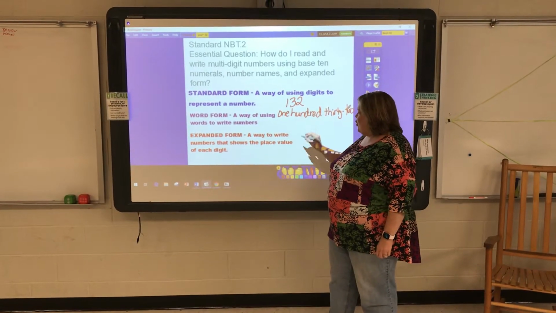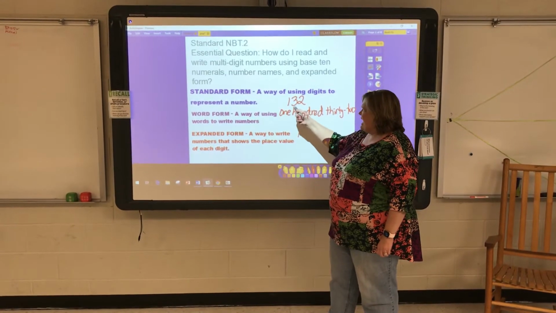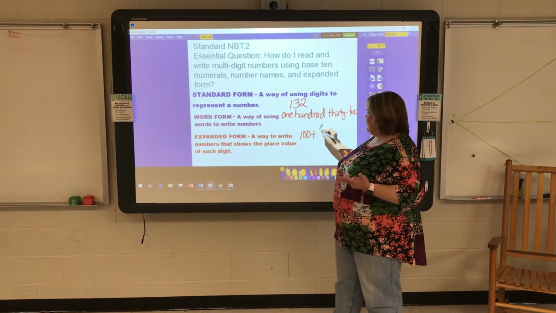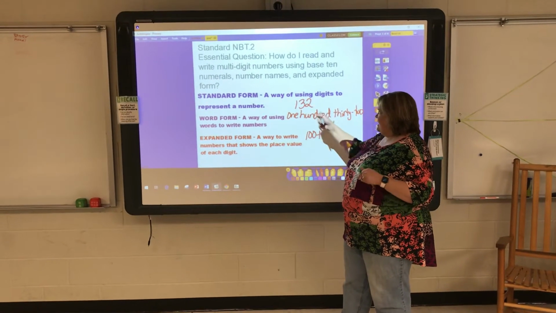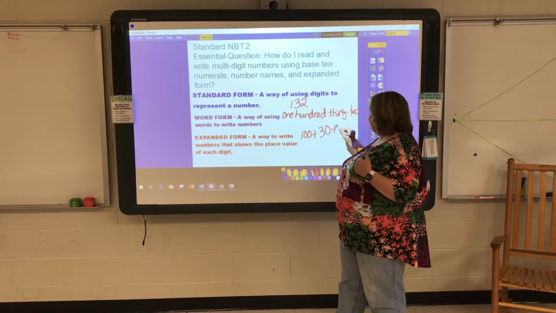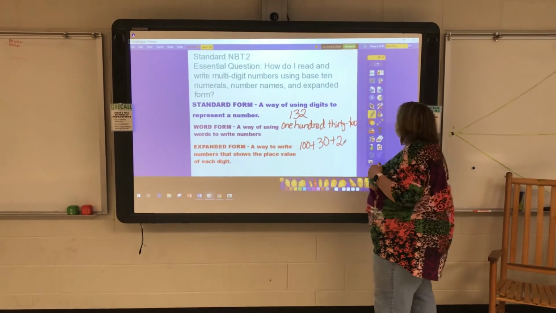So we have 100. We have 3 tens, so 10, 20, 30. And we have 2 ones, 1, 2. So that would be a good example of our expanded form.